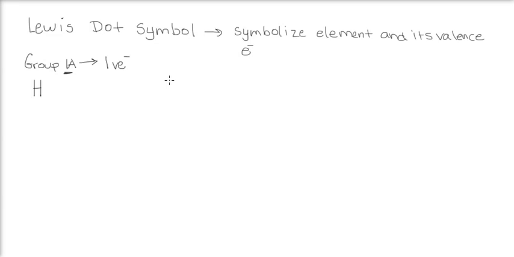If we move on and skip over to the other elements in the second period, the nonmetals anyway, boron, carbon, nitrogen, oxygen, and fluorine. Boron is in group 3A, carbon is in group 4A, nitrogen is in group 5A, oxygen 6A, and fluorine 7A.